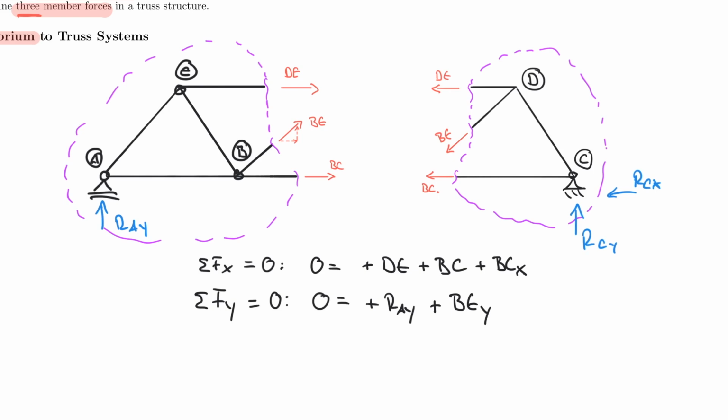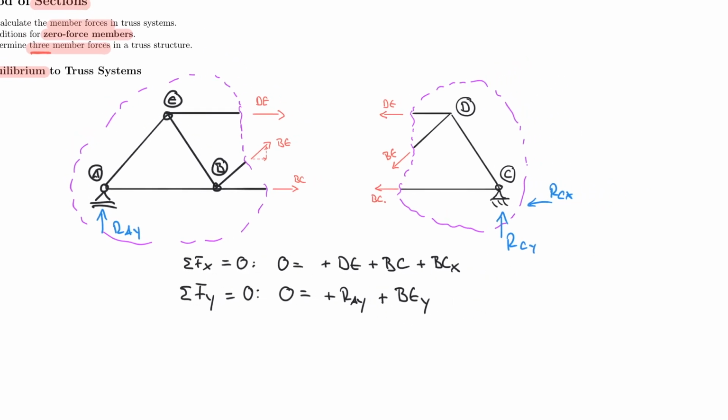But even if I can solve this equation now, so this is solvable, right? So let's make that note here. This is solvable. But even if I find BEY, then what I would end up with is solving BCX, and I still have my two unknowns here.